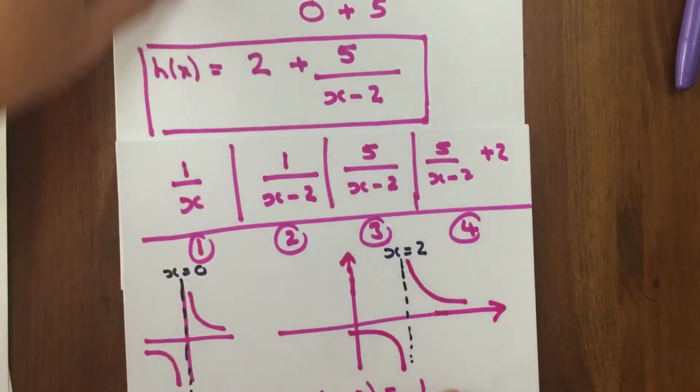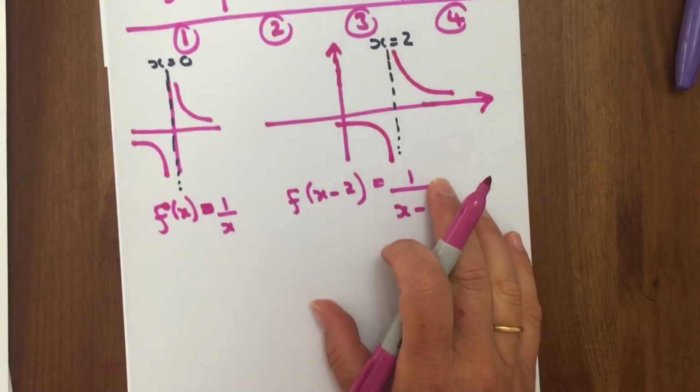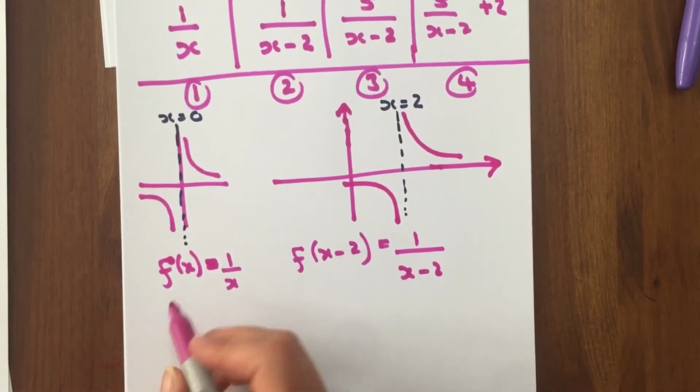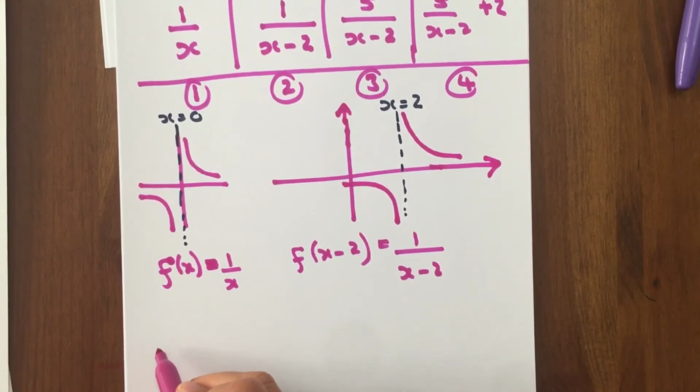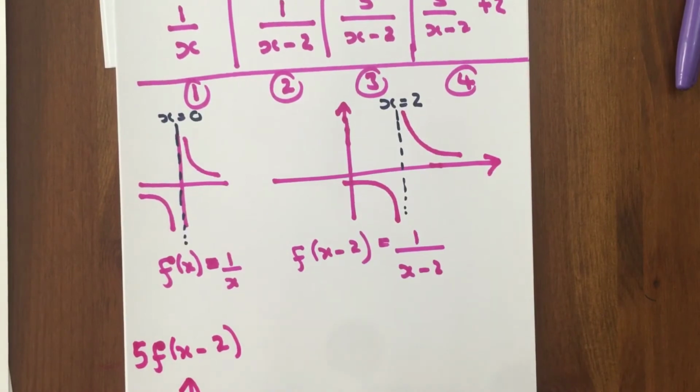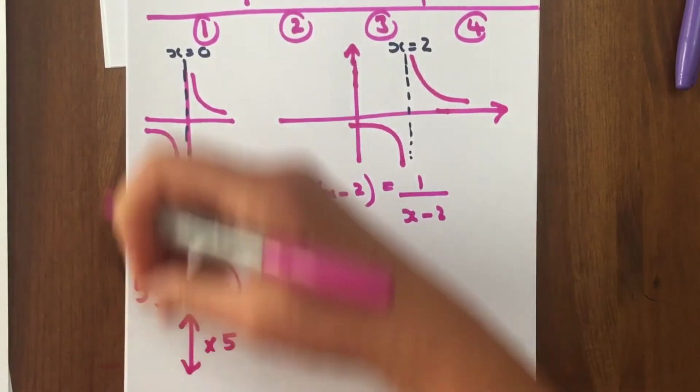Right, stage 3. Right, what happens in stage 3? Well, I'm now doing f of x minus 2 timesing it all by 5, which we know is a stretch. It's a vertical stretch in the y-axis, pulling it up.